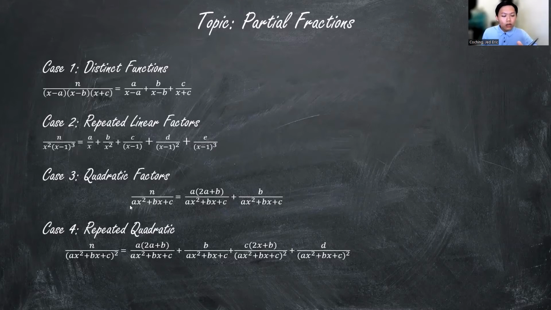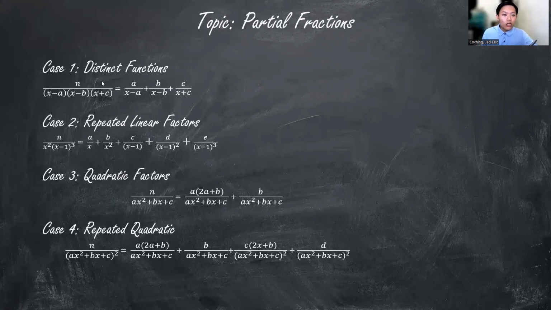For example, if you have a quadratic factor, you use case 3. If you have a repeated linear factor, like x minus 1 raised to 3, that's a repeated linear factor, so you use case 2.